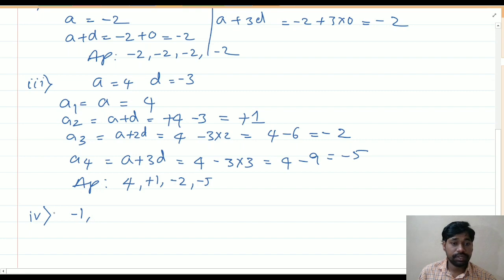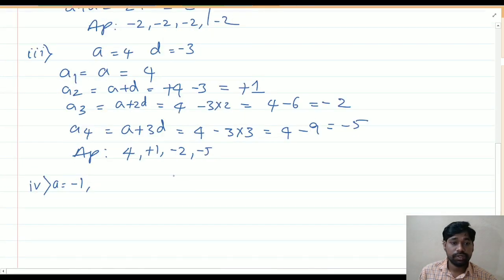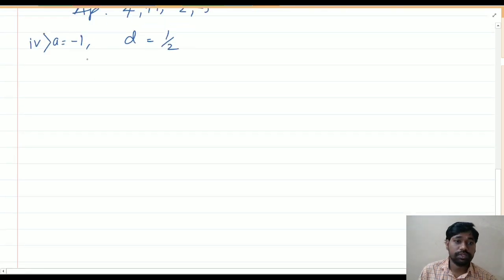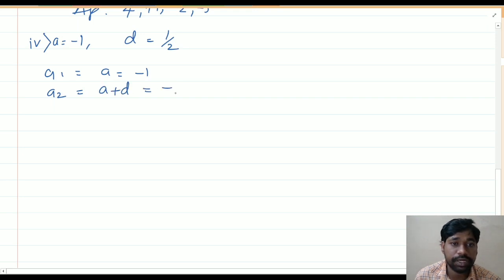Here A is minus 1, and the common difference is 1 by 2. For this, A1 is equal to A, the first term as it is. Second term A2 is equal to A plus D, which means minus 1 plus 1 by 2.